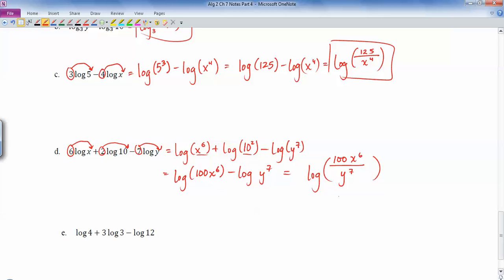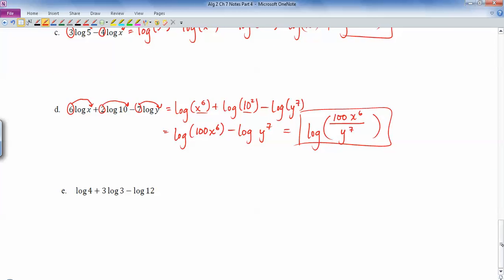Okay. And we've got one last one here. So this 3 can come up top as a power. So I've got log 4 plus log 3 cubed minus log 12. So let's see, that's going to be log of, and let's just do this all at once.